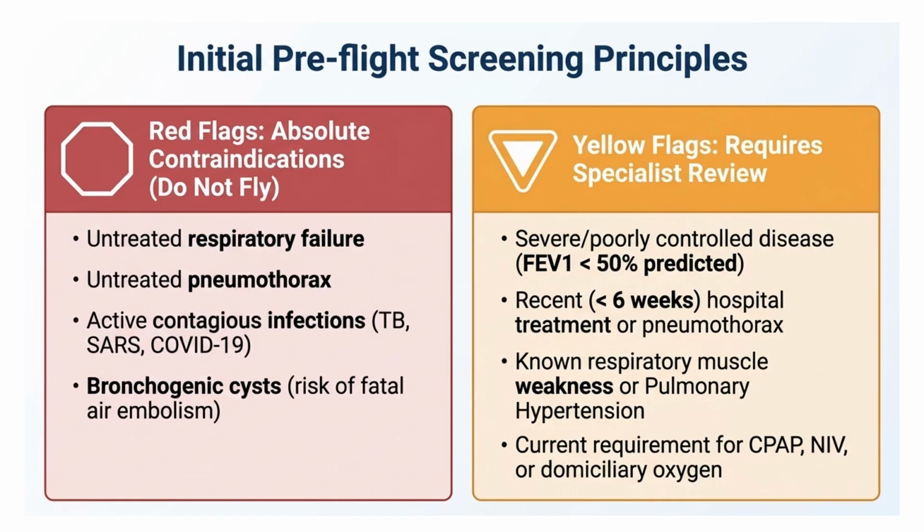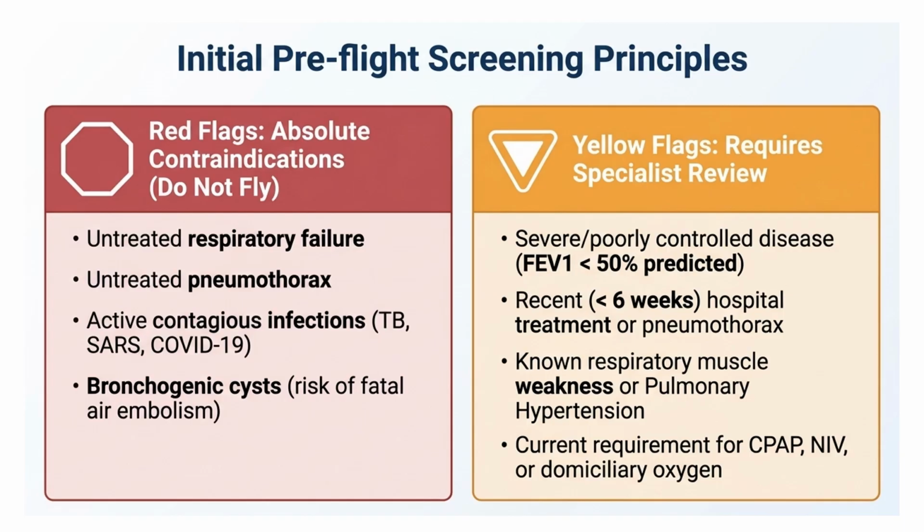Okay, now we are going to see what the absolute contraindications are, what the relative contraindications are, and what things need specialist input. Here we can see absolute contraindications: mainly untreated respiratory failure, untreated pneumothorax, and active or contagious diseases like TB, SARS or COVID, and sometimes bronchogenic cyst. These are the absolute contraindications to fly.